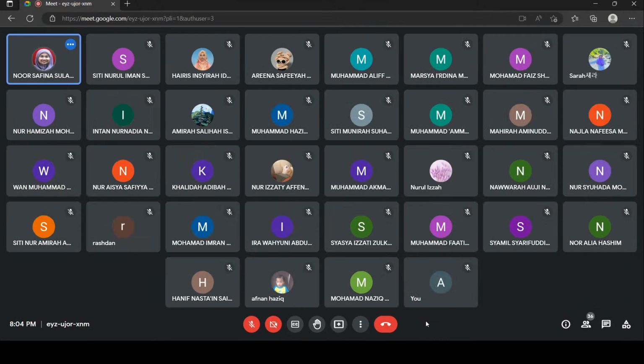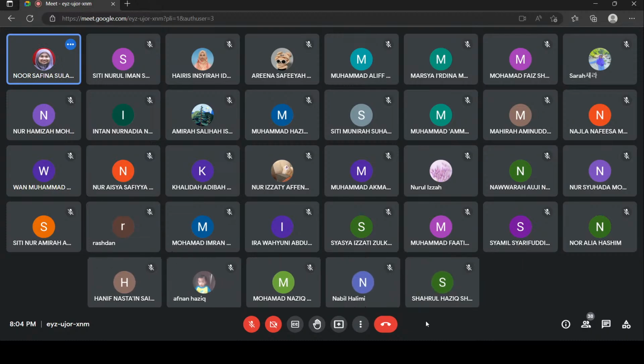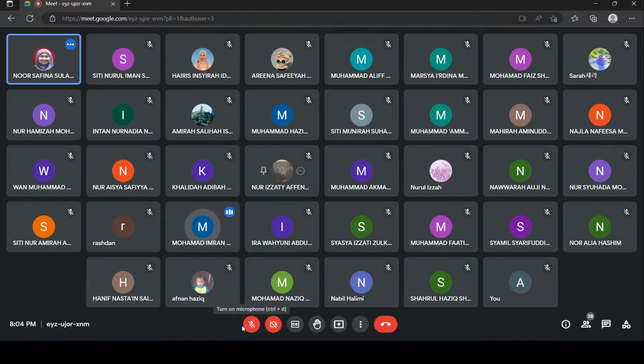Boleh dengar suara saya? Hello? Dengar tak? Boleh, Madam. Dengar? Alright. Okey, so dah pukul 8.04. Okey, kita start lah.